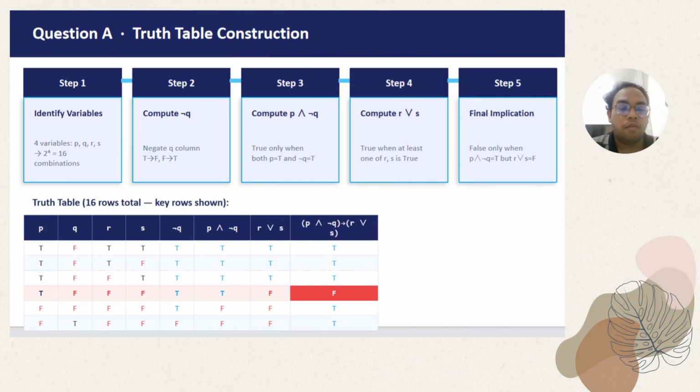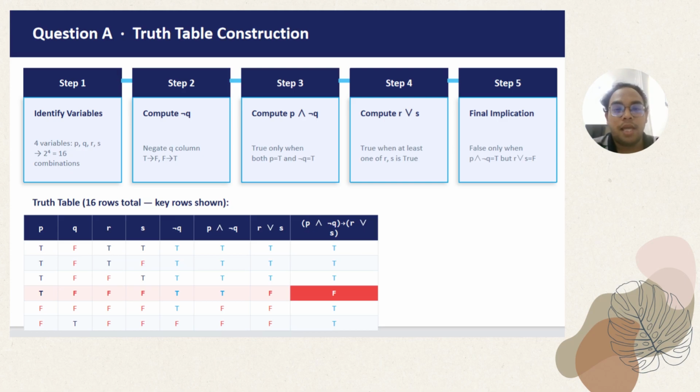Question A: identifying the logical operators. The first operator is negation. Seen in not Q, it reverses the truth value of Q. If Q is true, then not Q is false, and vice versa. The second is conjunction, true only when both sides are true at the same time.